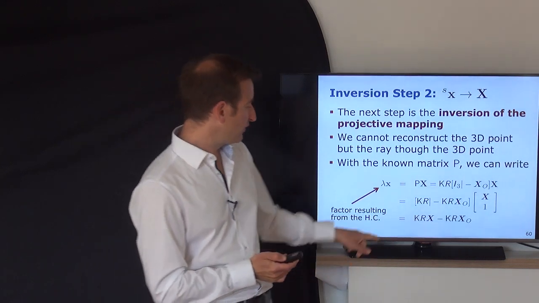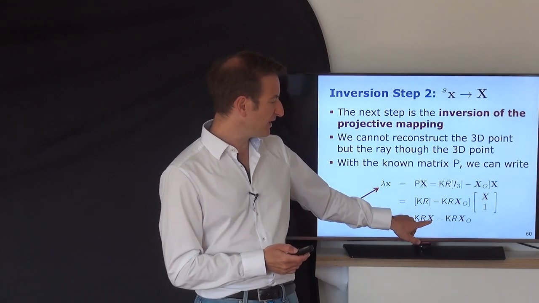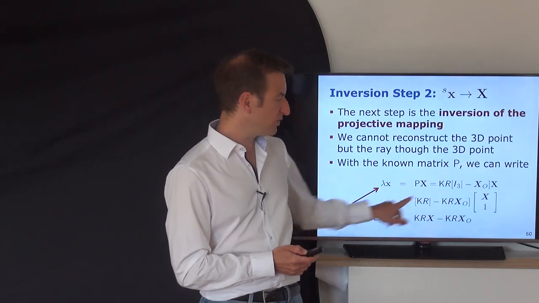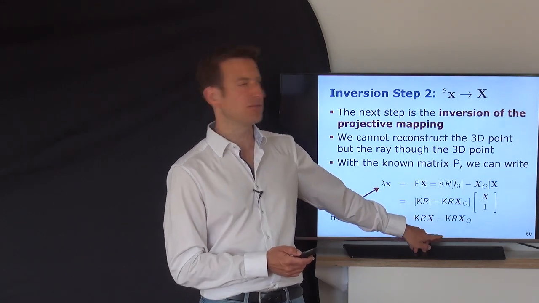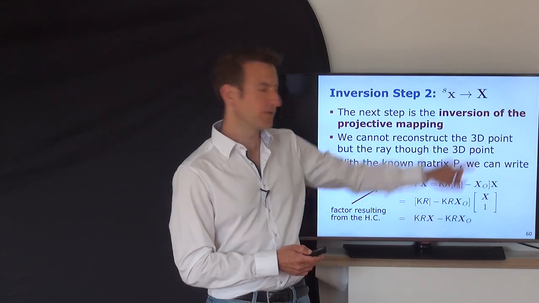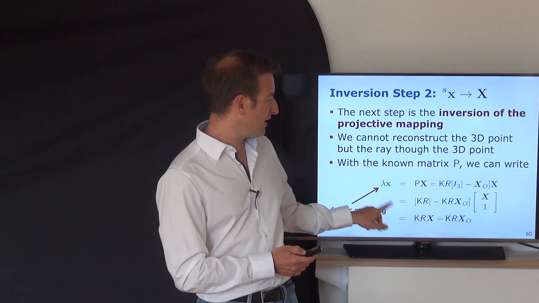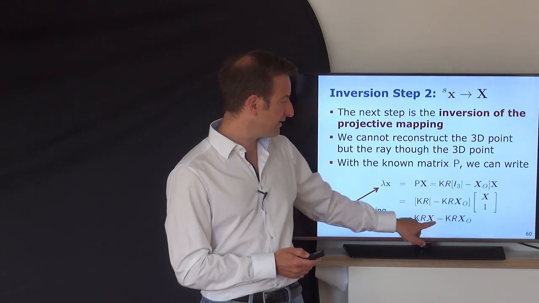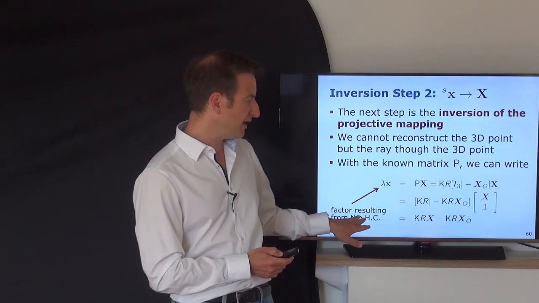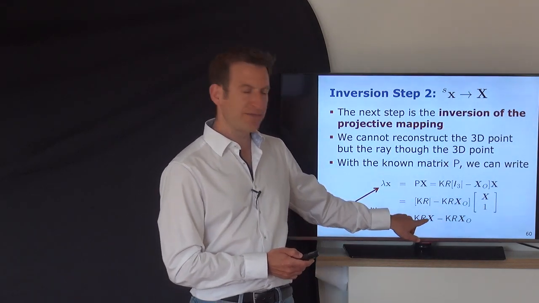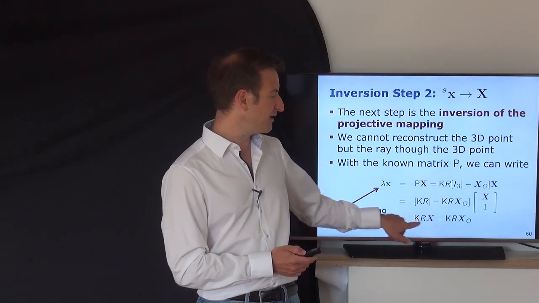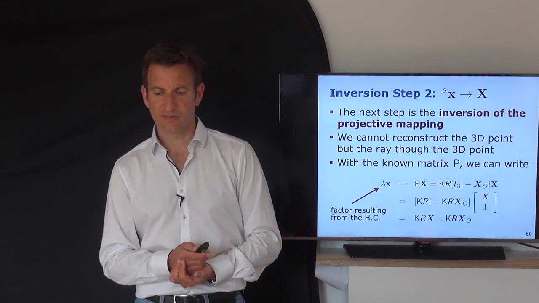So what I now want to do is actually from this equation get capital X on one side and all the other quantities on the other side, because I want to know something about capital X, where the point is in the 3D world. So what I can do is I can take this equation and I can simply add this term over here, so this term goes away and moves to the other side. And then I can multiply from the left-hand side (KR) inverse, so that this becomes the identity matrix and only the X survives.